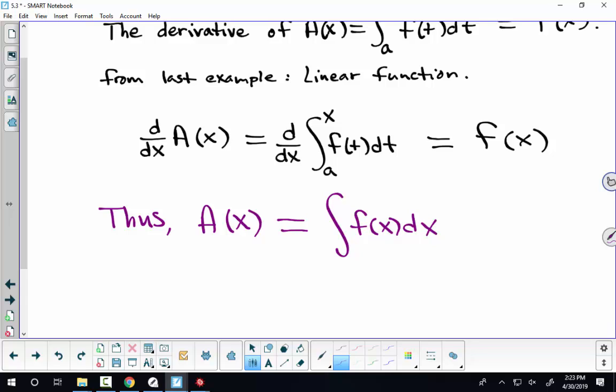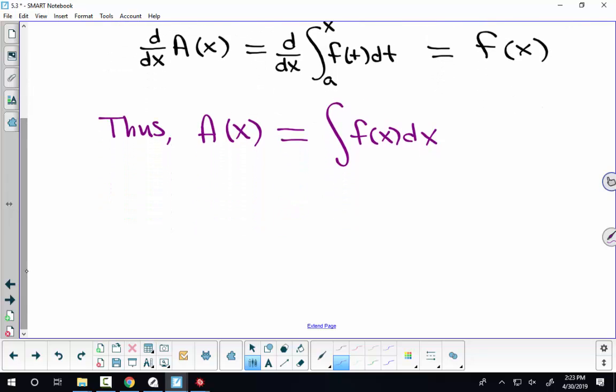So, there are some technicalities that we're not writing out, but that's the main idea. What we're looking at is, with this linear function, the area is an antiderivative. So from this point in this example on a linear function, we have now associated the antiderivative to the area, or to the net area. So let's write that out.